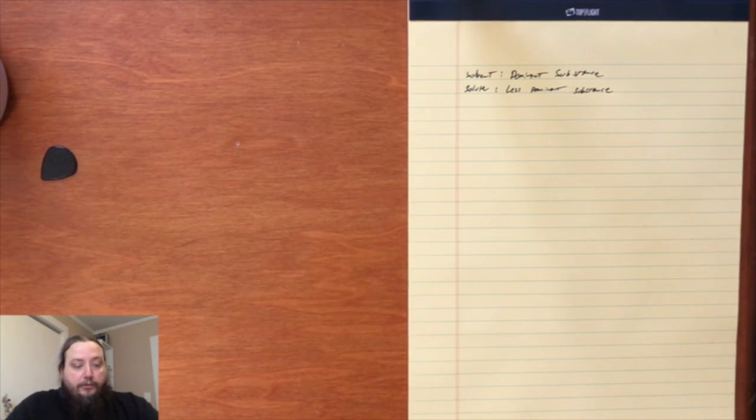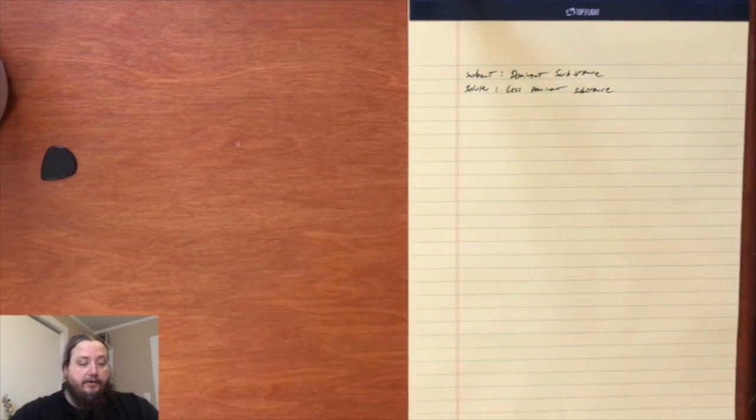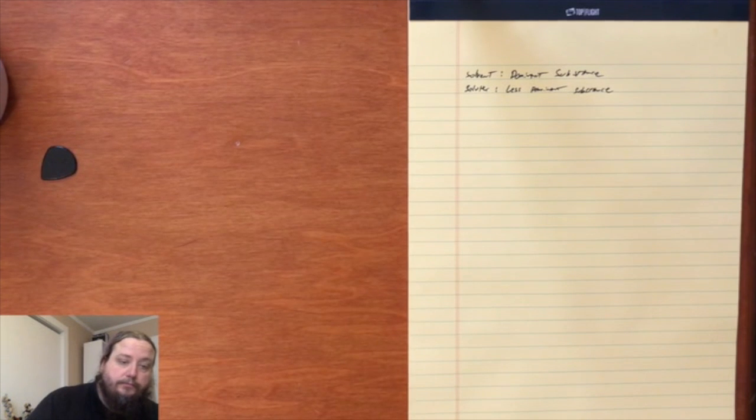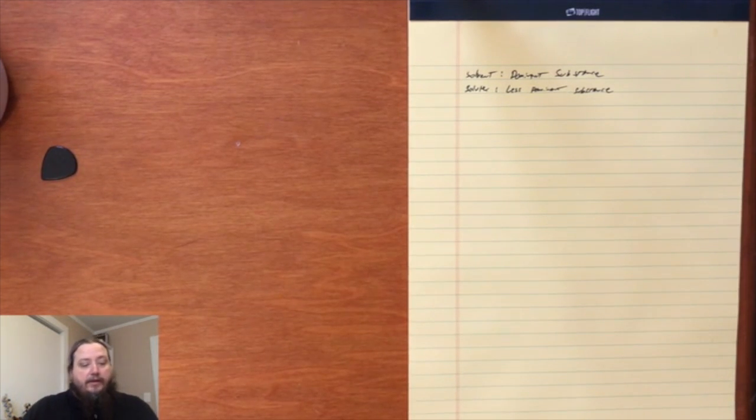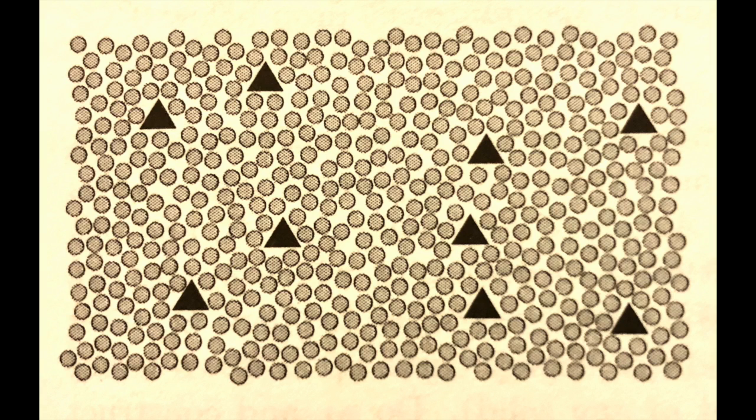In the case of dilute solutions, there's very, very much less of the solutes than there are of the solvents. In particular, we're going to examine a limit today where we're talking about solutes which are so dilute that basically each solute molecule is always surrounded by solvent molecules.